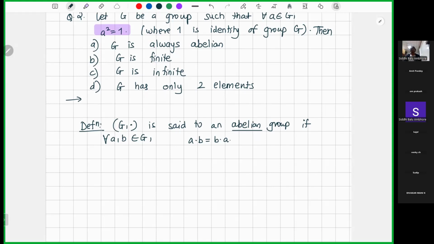AB must be equal to BA. This does not happen in general for groups.